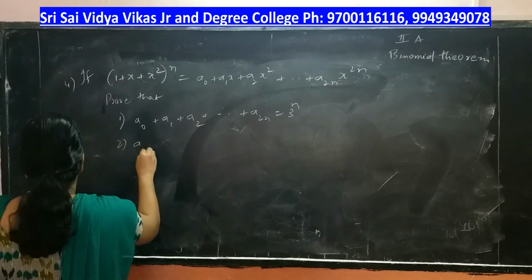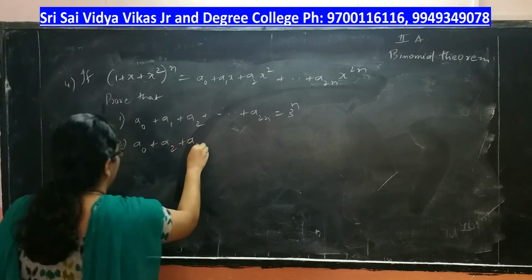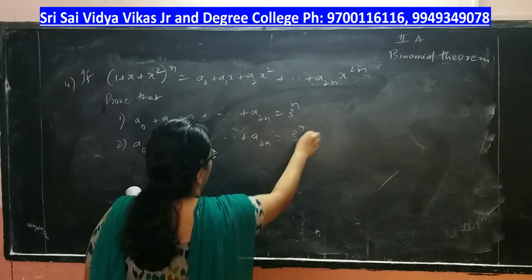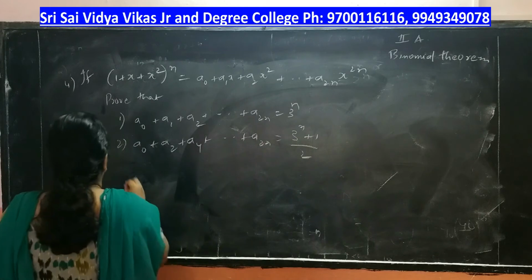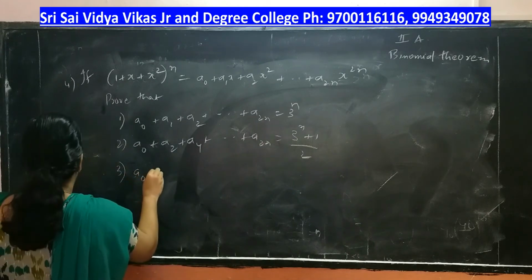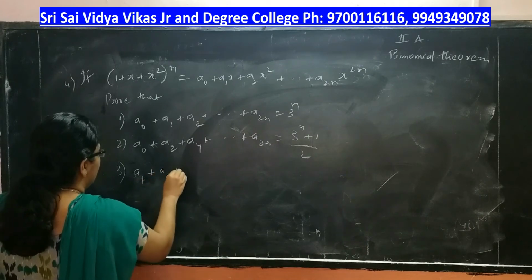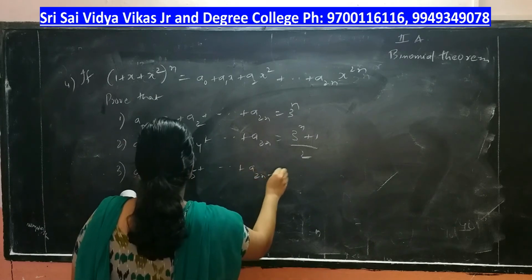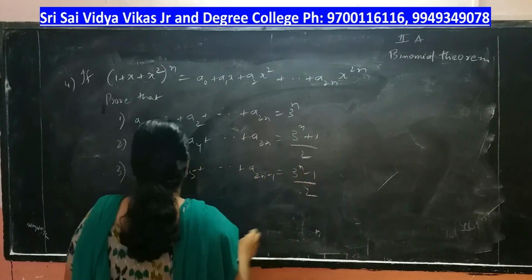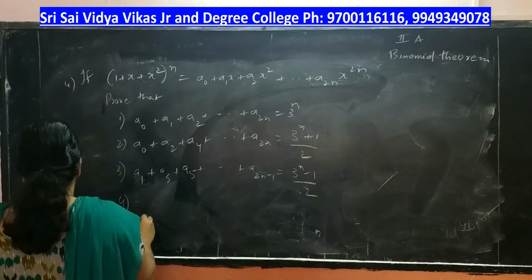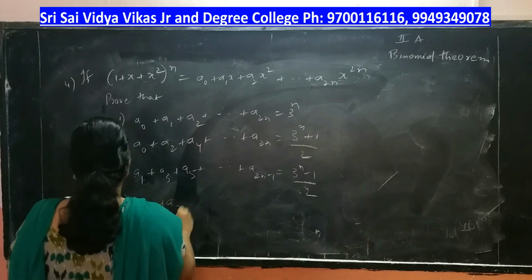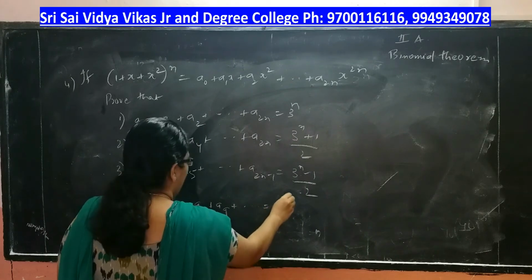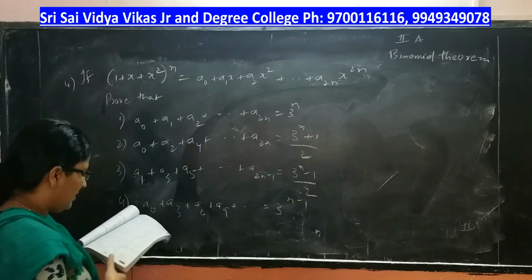Second one, a0 + a2 + a4 and so on up to a2n is equal to (3^n + 1)/2. Next, a1 + a3 + a5 and so on up to a(2n−1) is equal to (3^n − 1)/2. The fourth proof that you have to prove is a0 + a3 + a6 + a9 and so on is equal to 3^(n−1). This is what you have to show.